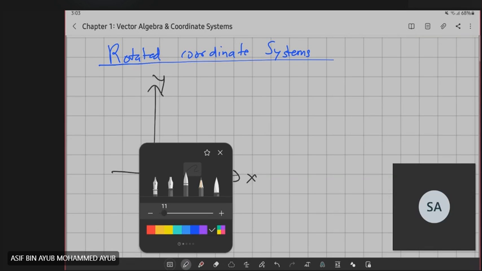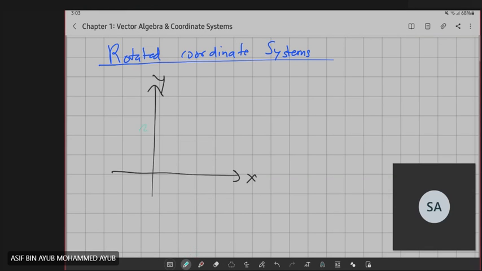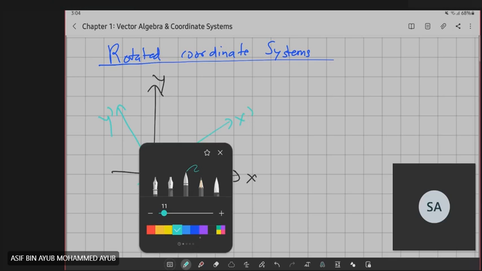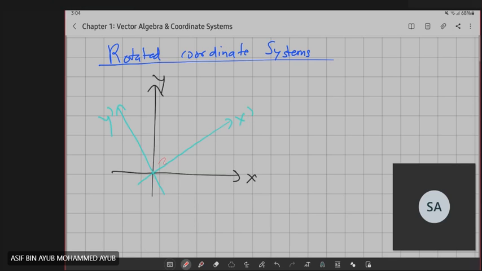And suppose I have a different coordinate system that is just rotated. The origin is still the same. You have y here, y prime here, and x prime here. You've just rotated this by some amount. And suppose I have a vector here, called v.